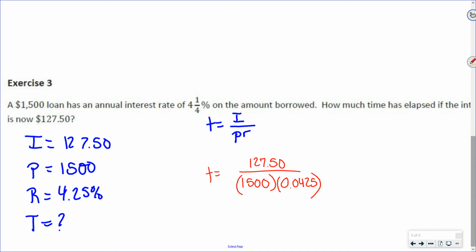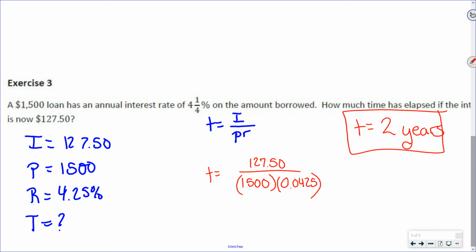That's how we find our answer. So we're going to plug this in. 127.5 divided by, open parentheses, 1,500 times 0.0425, close parentheses. You should get a time of 2 years. That's how much time has passed in order for that amount of interest to accrue.